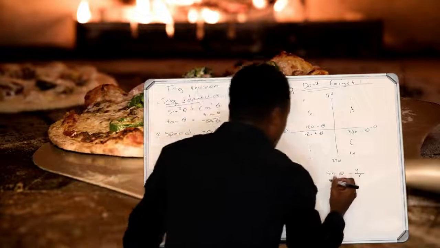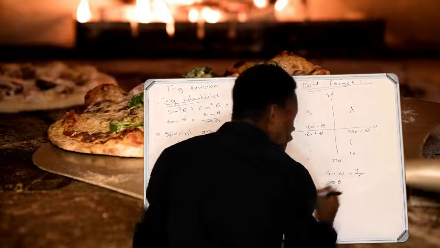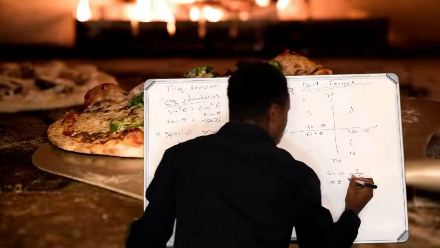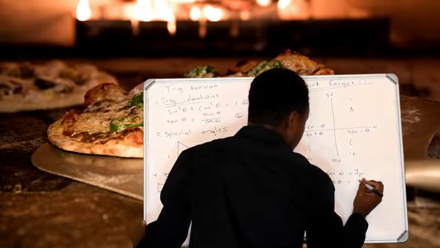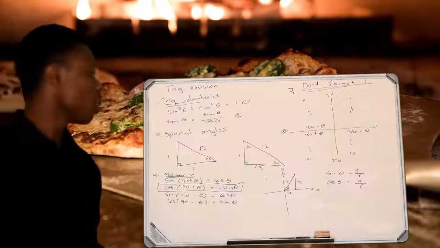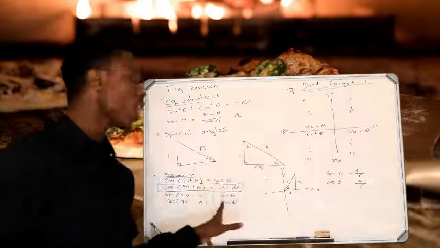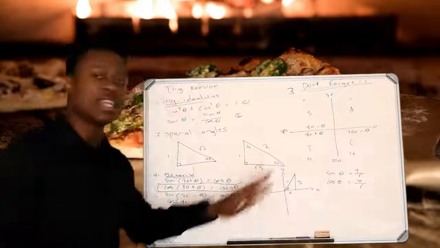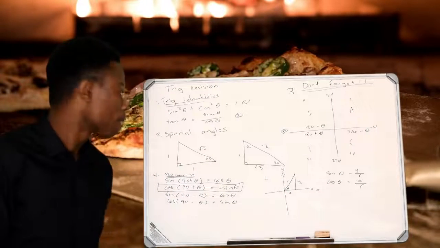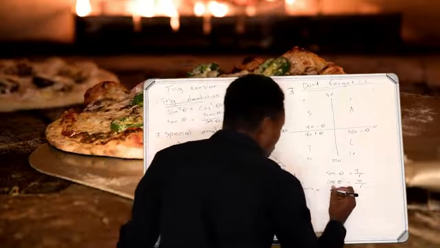For cos, what would cos be? I hope you're writing this down. Cos would be, since cos is adjacent, right? Adjacent, which is x over r. So it will be x over r. No matter where the triangle is, it could be upside down in the negative quadrant, but it still will be x over r.